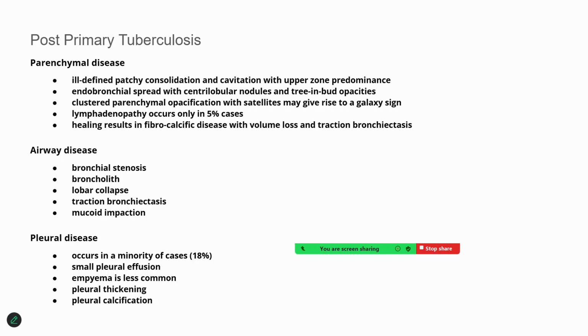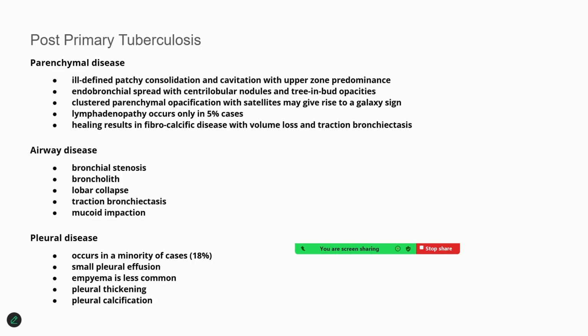Lymphadenopathy occurs in only 5% of post-primary lesions, whereas in primary lesions, lymphadenopathy is more common. Another group of the patients whom we see would be those who have either healing or healed tuberculosis with fibrocalcific changes, and hence there would be reduction of the volume of the lung tissue and a compensatory displacement of the structures, which is more common.